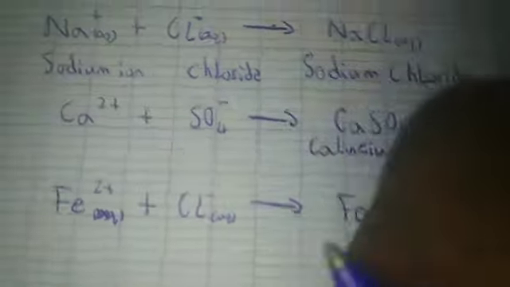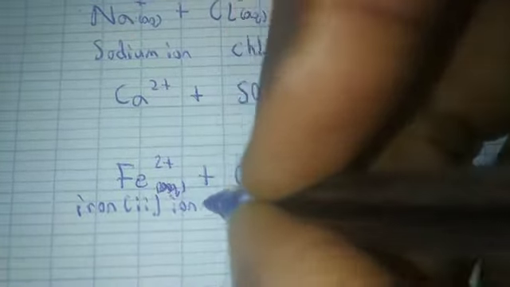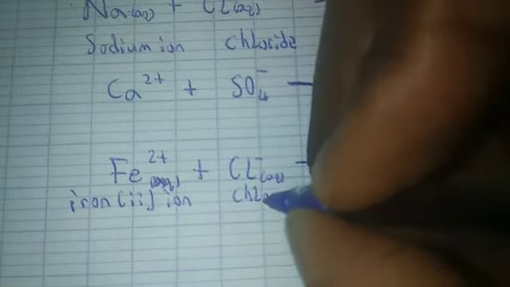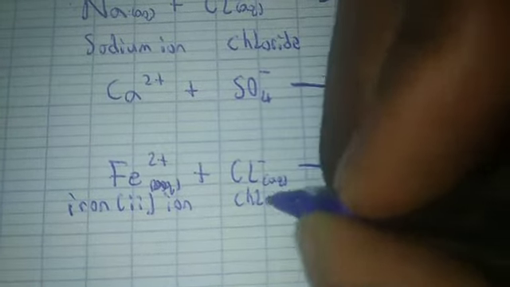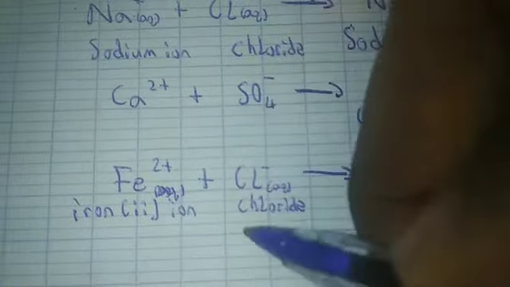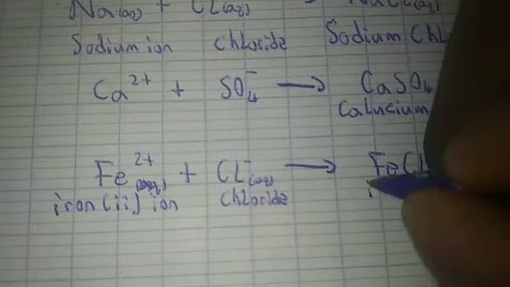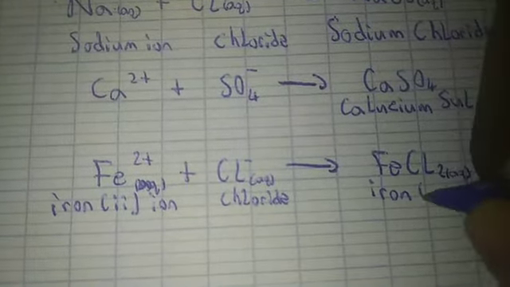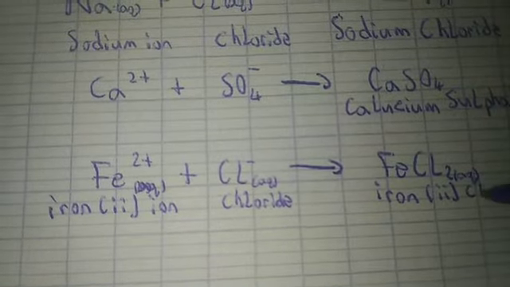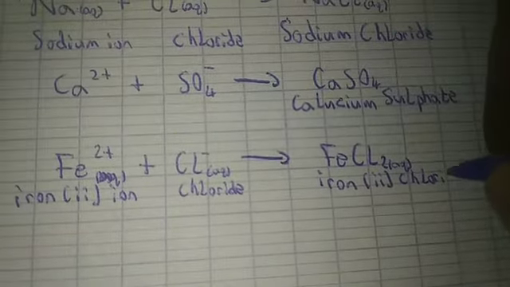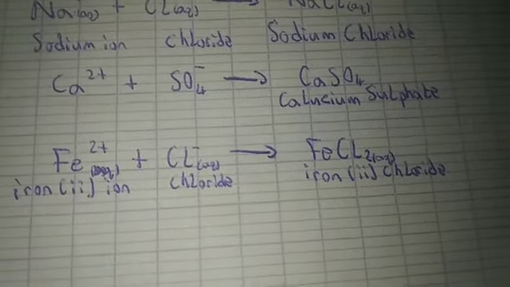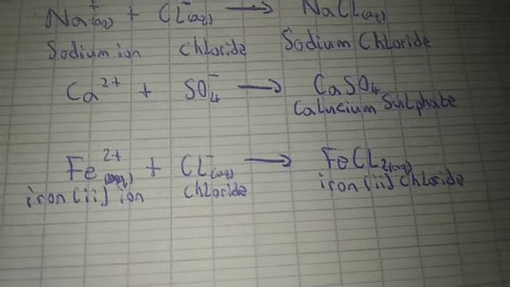To name this, remember this is iron in parentheses Roman 2, and this is simply chloride. The same rule goes here: you remove the ion and you just add up the two names. So this is iron Roman 2 chloride. You see, the beauty of chemistry is that you just have to follow the rules. It's all about the rules.